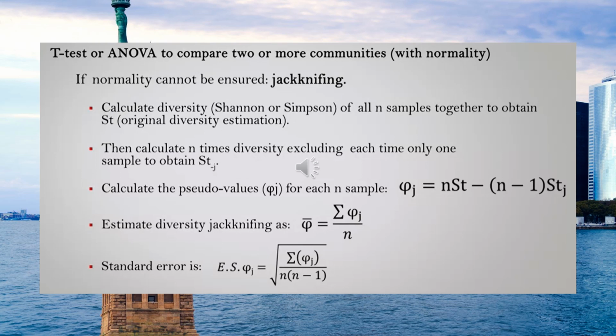So we remove from the original diversity estimation the diversity of each sample we remove, and we estimate the diversity by jackknifing as the sum of these pseudo values divided by n, that is the total number of samples. In this way, we can also calculate the standard error of the estimation of the jackknifing process. We have a variable statistics to provide information about the evidence in differences in statistical communities.